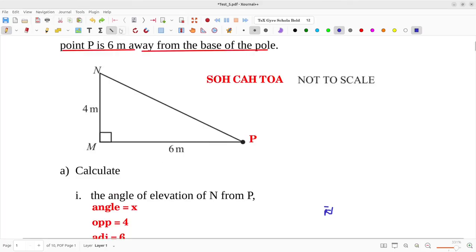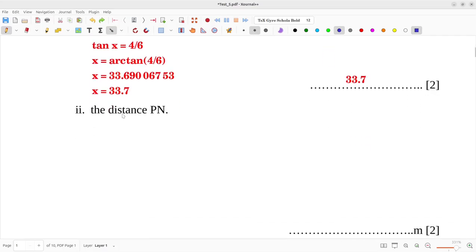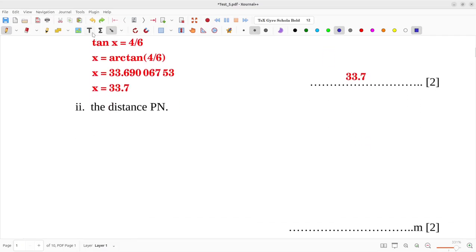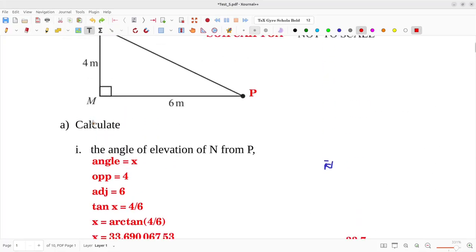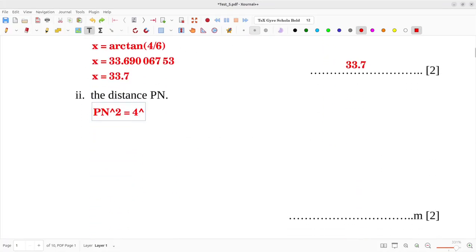From Pythagoras theorem, we know that the hypotenuse squared is equals to the sum of the squares of the other two sides. And hypotenuse is the side which is opposite to the 90 degrees. It's this side here, which means your PN is actually the hypotenuse. So PN squared is equals to the sum of the other two, 4 squared plus 6 squared.